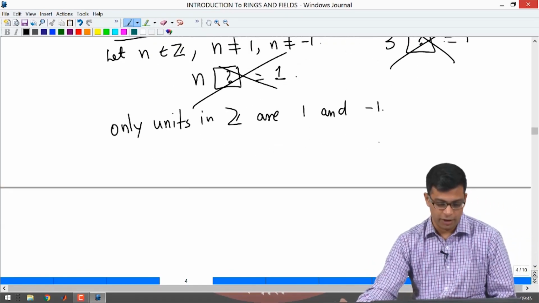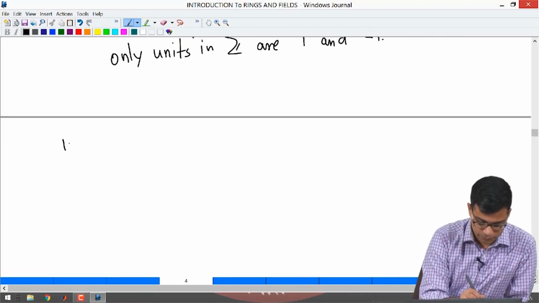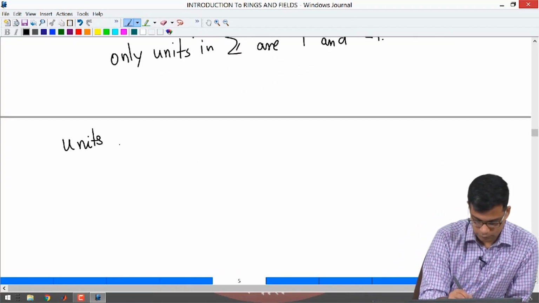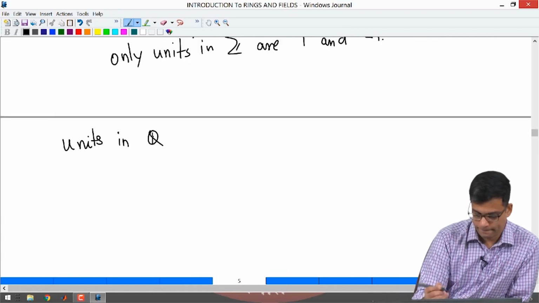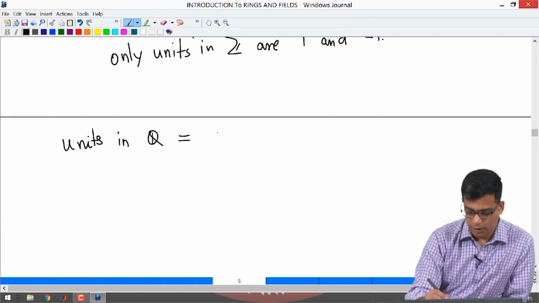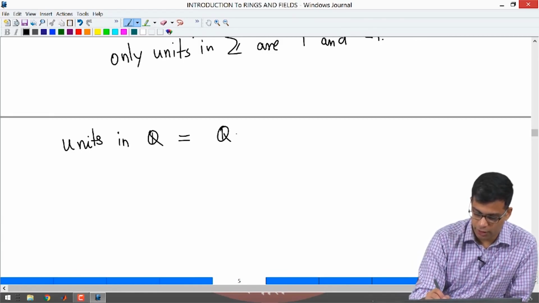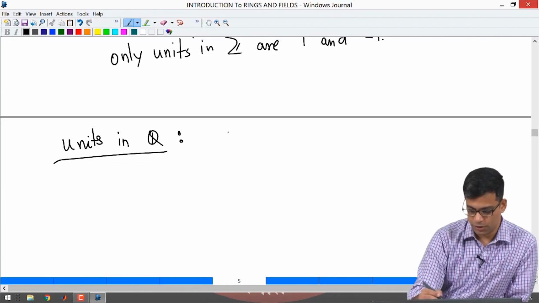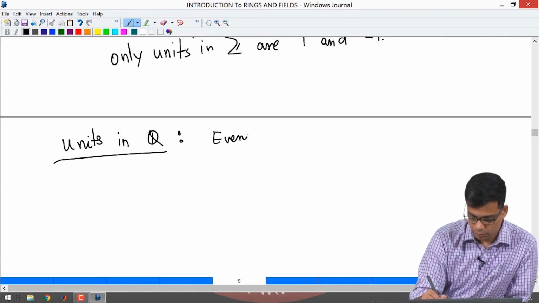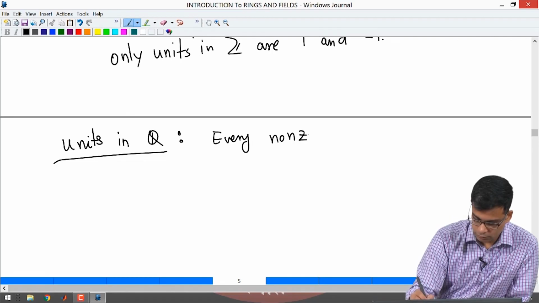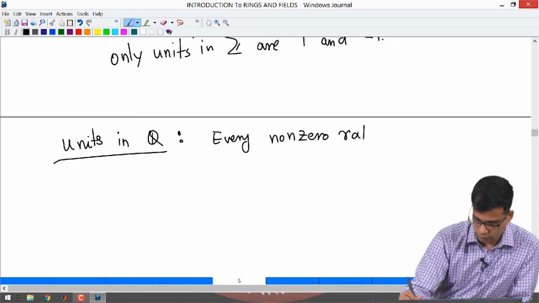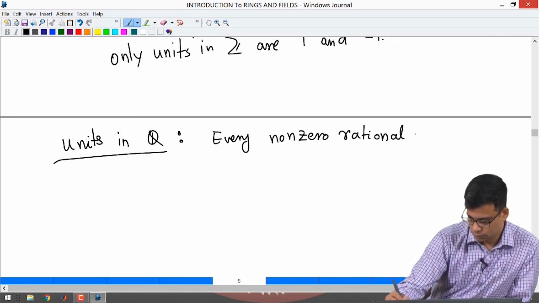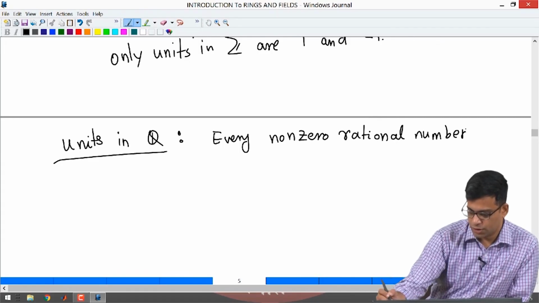Okay. So similarly, now let me look at units in, let us say, Q. I claim units in Q are actually all non-zero rational numbers. So every non-zero rational number is a unit.